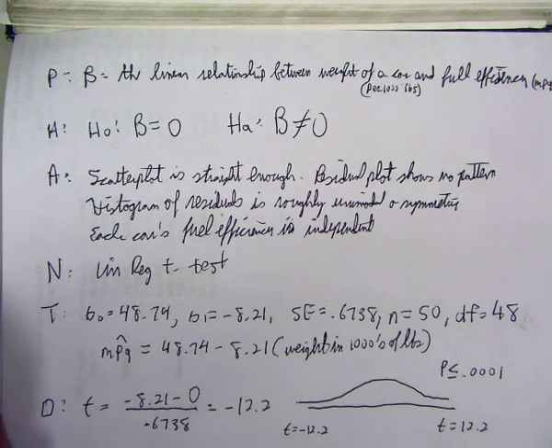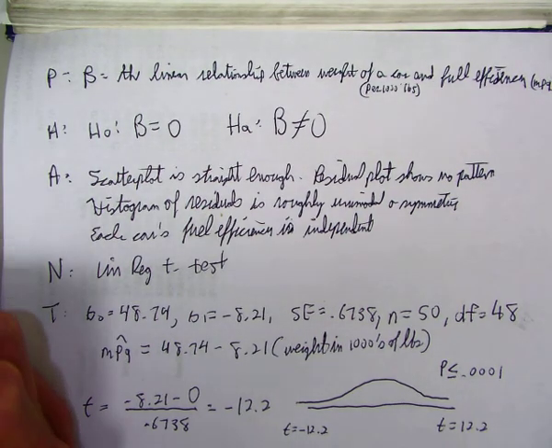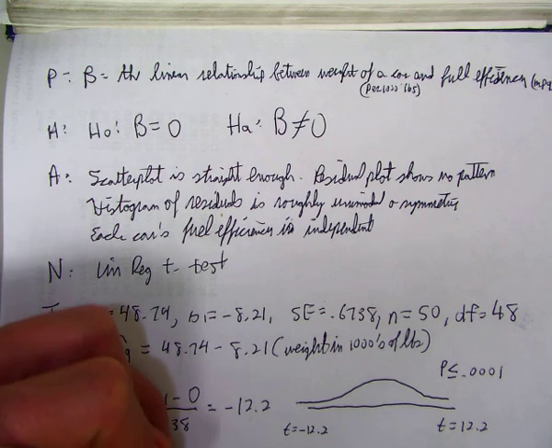Okay, so we're going to make the decision. We reject H naught at the 0.05 level.